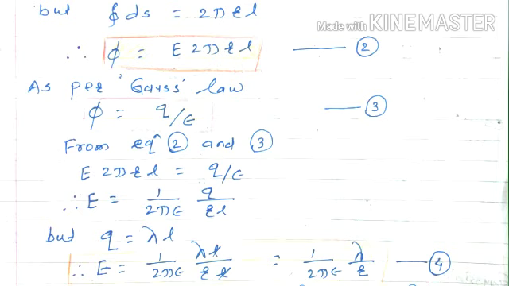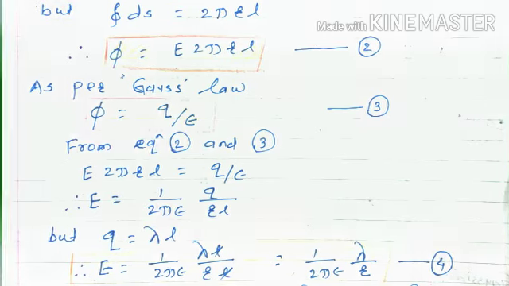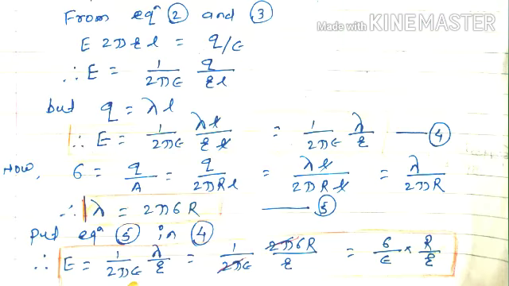Finally we get 1 upon 2 pi epsilon into lambda upon r. Suppose this is equation number 4. Again, this is the value of electric field intensity outside the conducting wire in terms of the linear charge density. Now we want to find the same equation but in terms of the surface charge density.